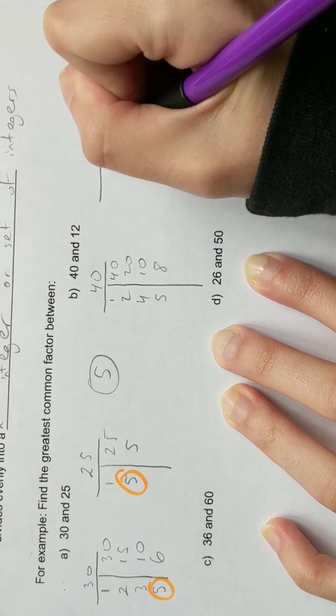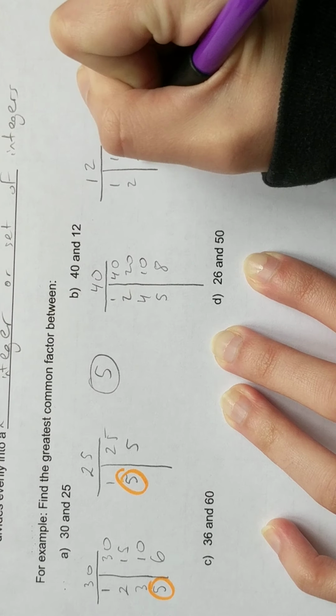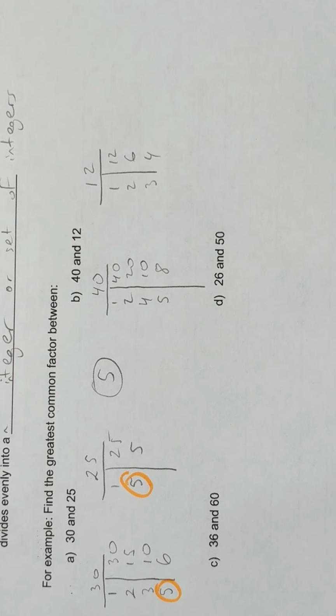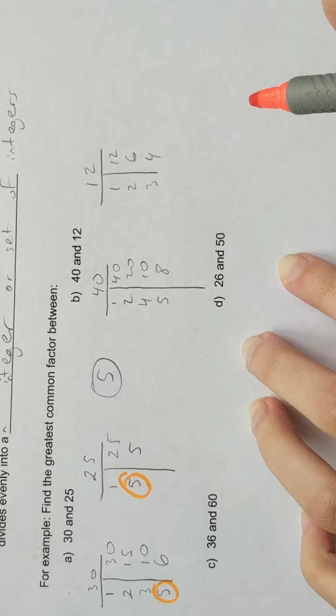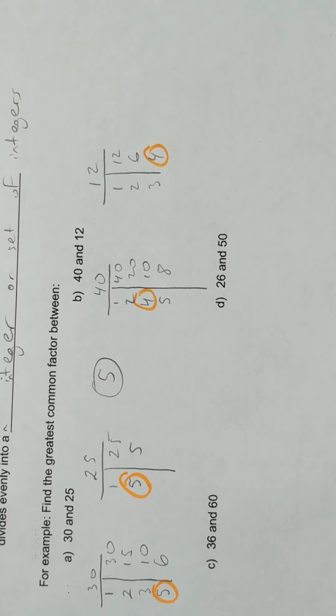Let's do number 12. 1 and 12, 2 and 6, 3 and 4. We look for the greatest number between those two columns. In this case, it is 4. So 4 is my greatest common factor.